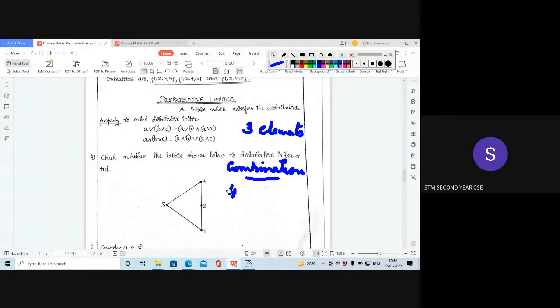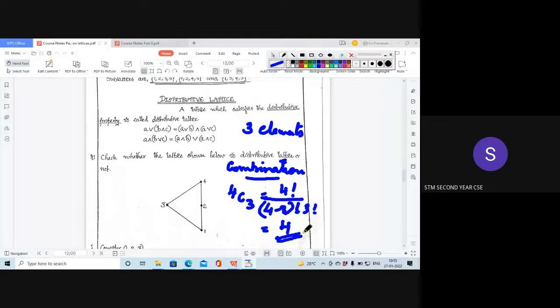As Niharika said, it is 4C3, which is 4 factorial by (4 minus 3) factorial into 3 factorial. When you evaluate it, 4 minus 3 is 1 factorial, which is 1, and the 3 factorial will cancel, leaving 4 into 3 factorial. So you get finally the number of combinations is 4.